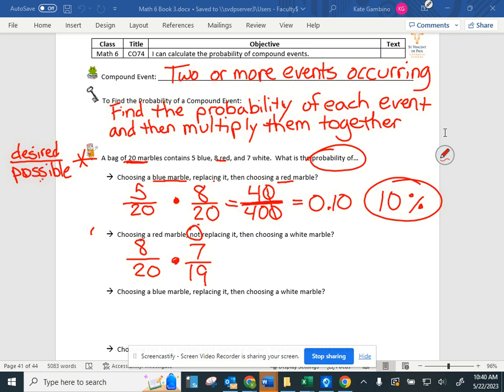Multiply. So what is the fraction that I get, Amelia? 56 over 380. So what do I get for that?